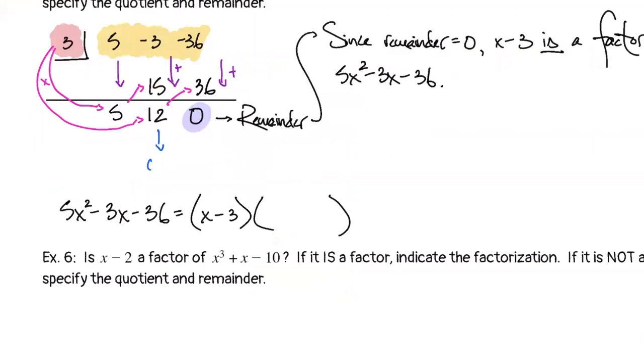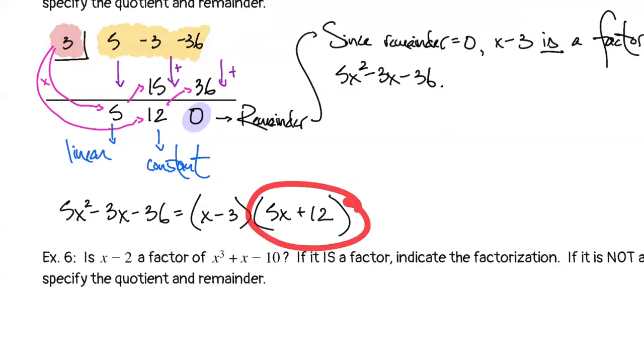That 12 stands for a constant, right? That 5 stands for a linear term. That means it's not just like a 5 and a 12, but in fact, it's secretly a 5x plus a 12. So that bottom line actually gives you your quotient.